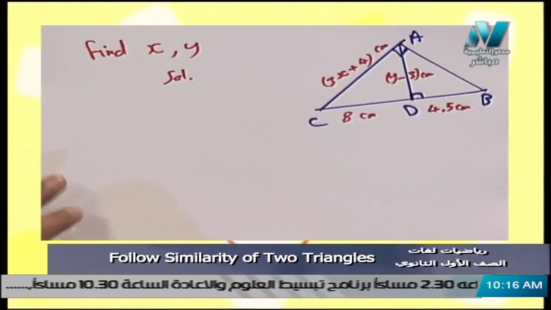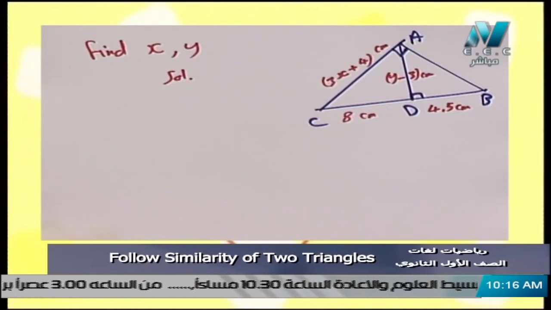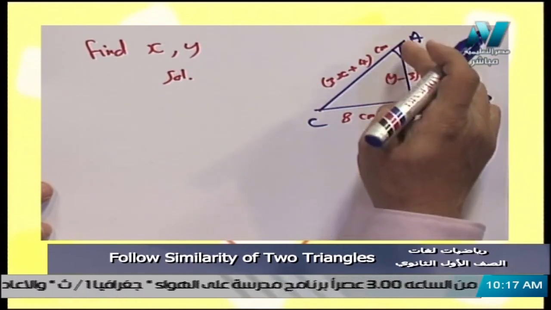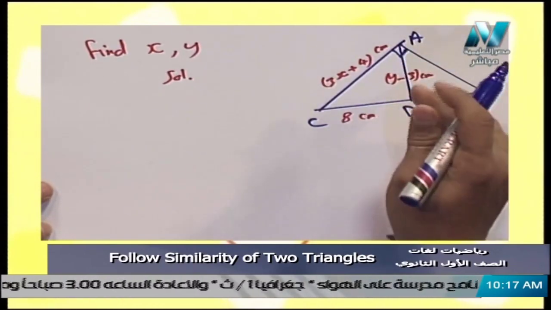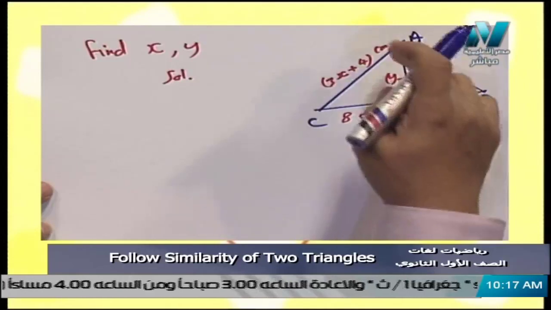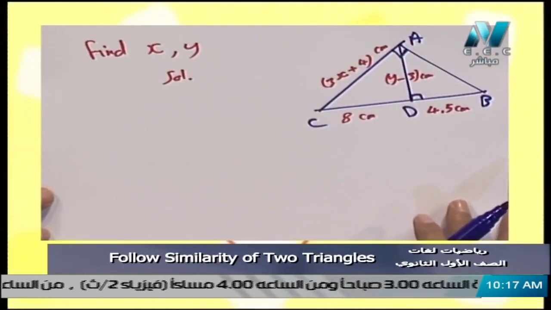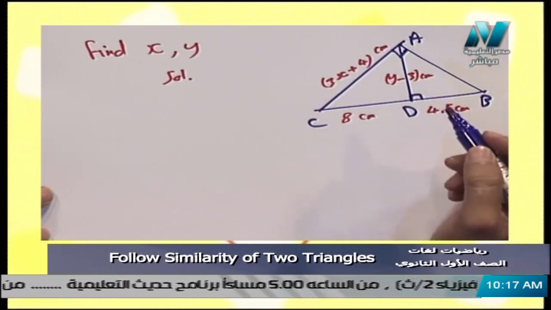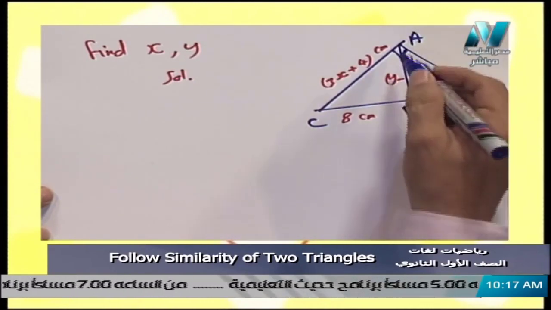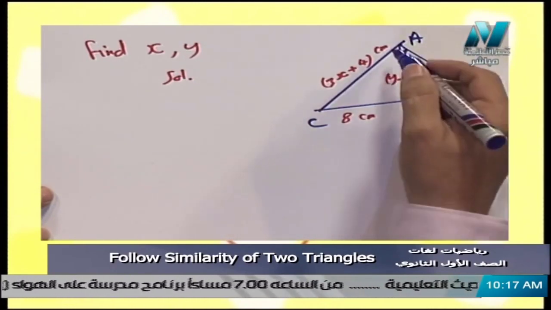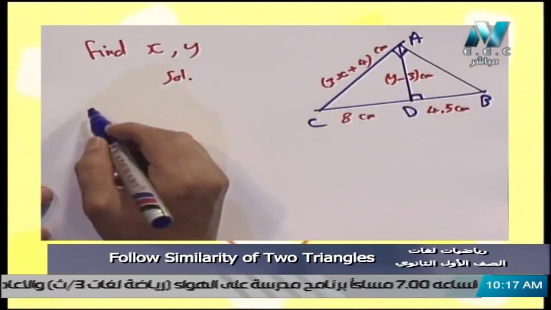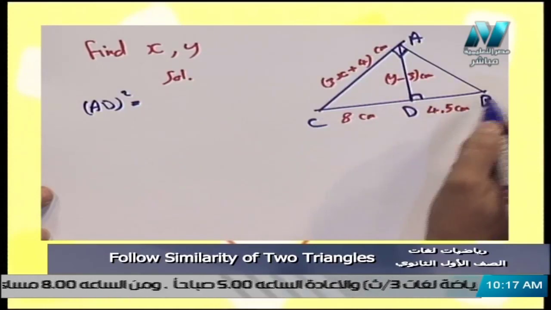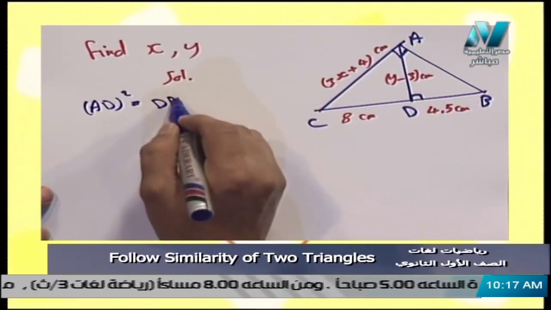Solution here is very easy because from similarity of the 3 triangles, the triangle ADB and triangle ADC and triangle ABC, which we studied before, we will use the rules to find y here. We will use the rule AD power 2 equals DB multiplied by DC.